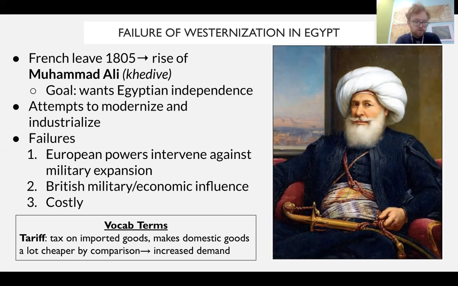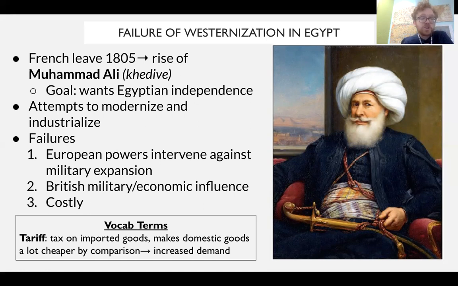How does he do this? Well, he's going to adopt a lot of French government practices, especially centralized taxation. And he's going to start a period of industrialization in Egypt. He is going to import advisors and technicians from Europe to help him build these cotton mills, these textile producing cotton mills.